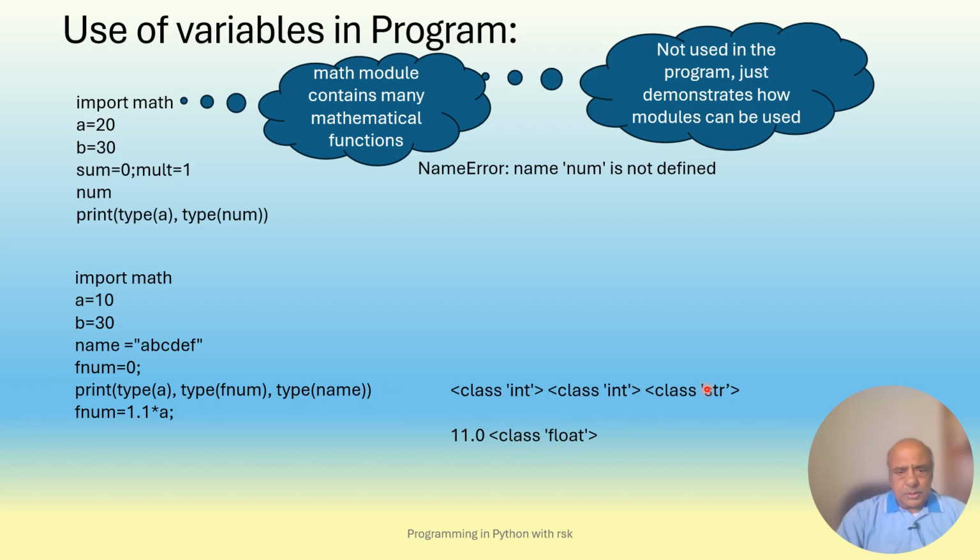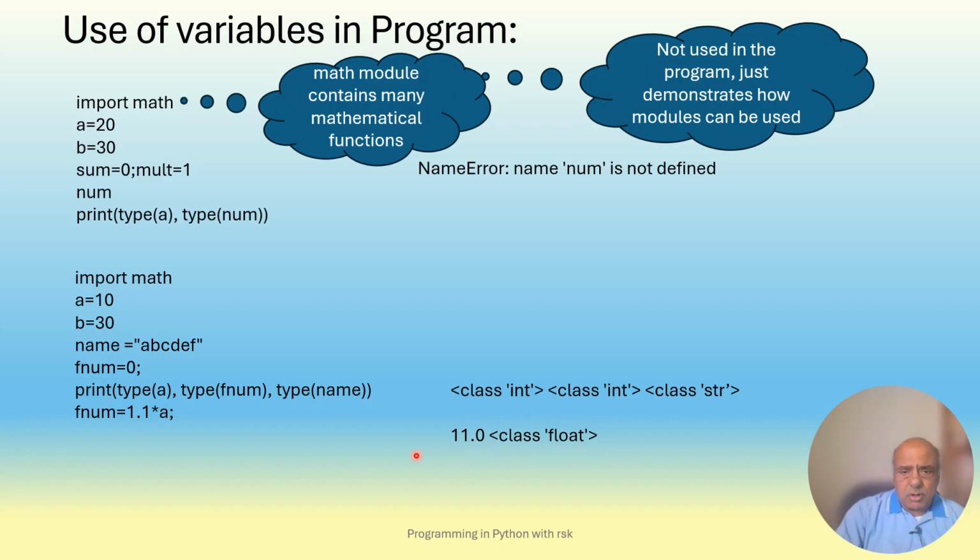Earlier, when it was referring to 0, its type was int. As soon as it starts referring to 11.0, its class has been changed. Now it is class float.